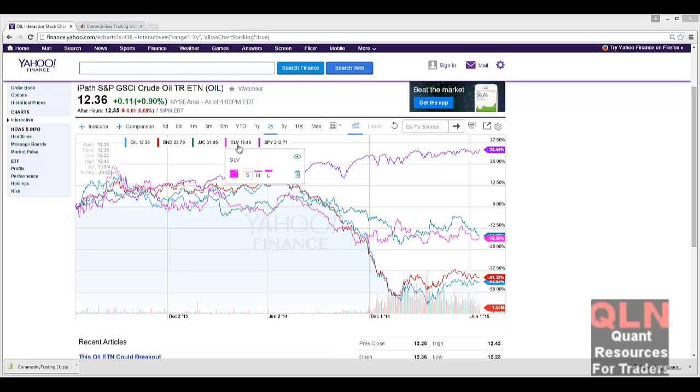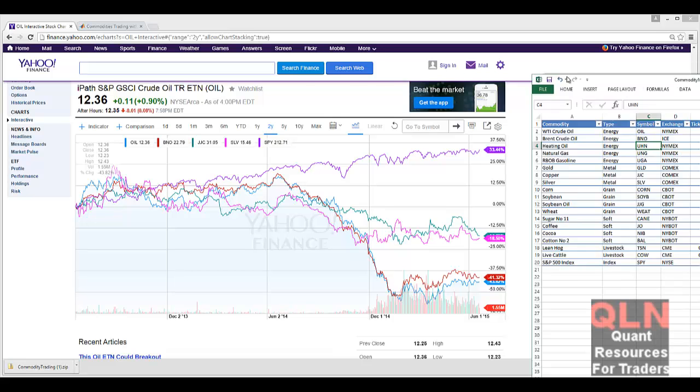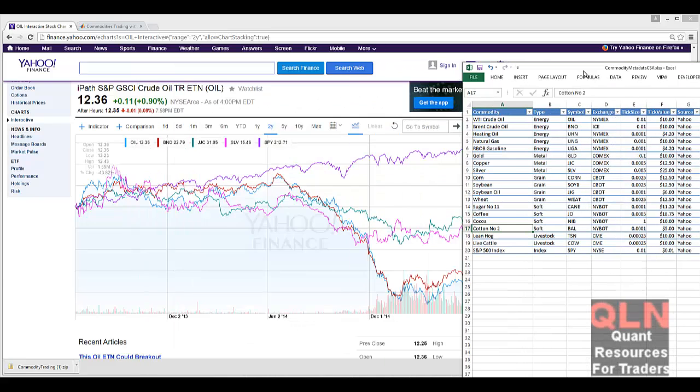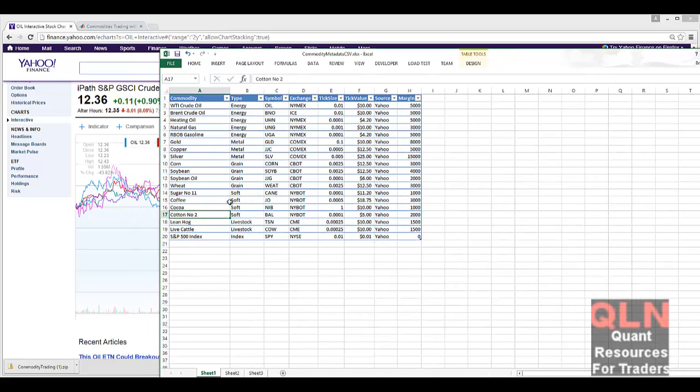Copper, silver, and obviously gold, and then SPY. That's it. All the other ones I list here, like livestock, hog, cattle, they don't perform at all. I mean, you might get some short-term plays, but again, when it's dealing with buy and hold, these are the only ones you want to focus on, what I have here on that chart.